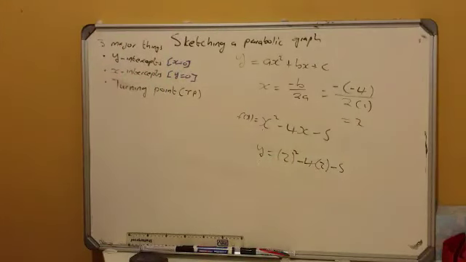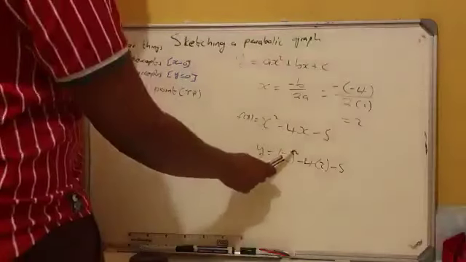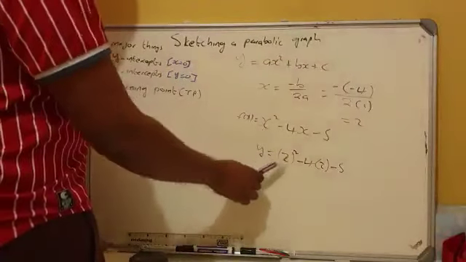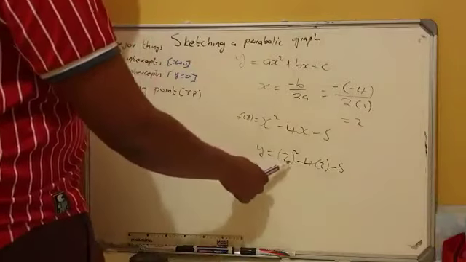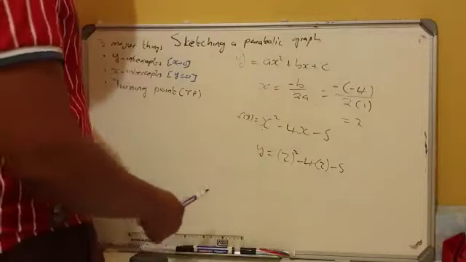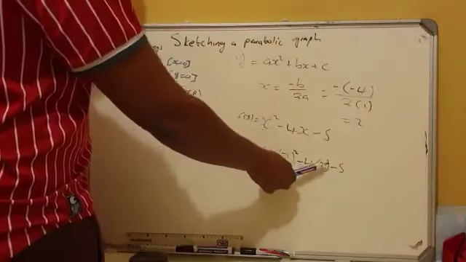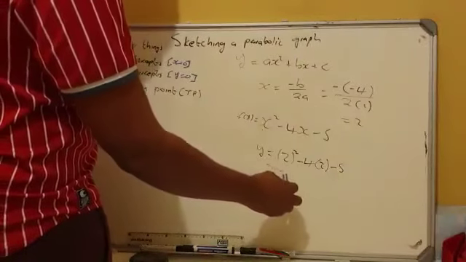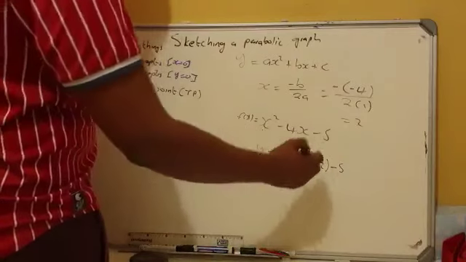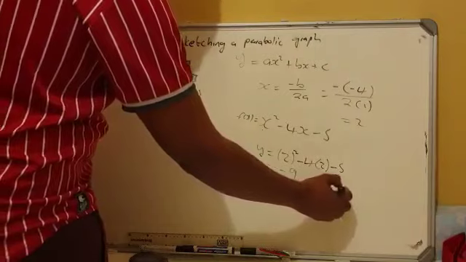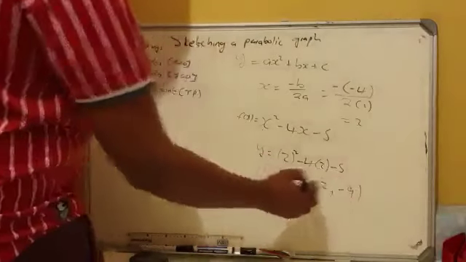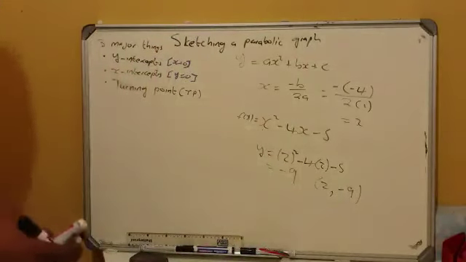If you press this on the calculator, 2 squared is 4, minus 8, so 4 minus 8 is minus 4, minus 5, then you get minus 9. So your turning point is going to be 2, minus 9. That is how you can get it when your function is like this.